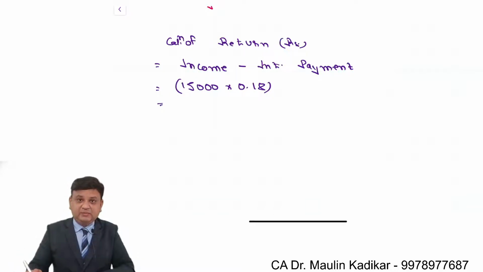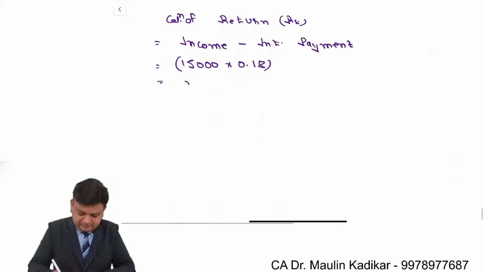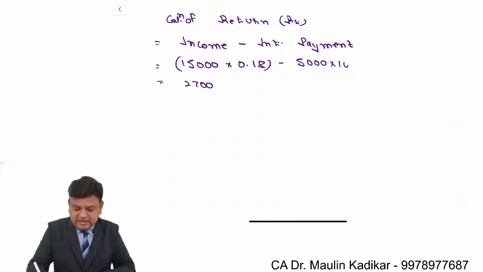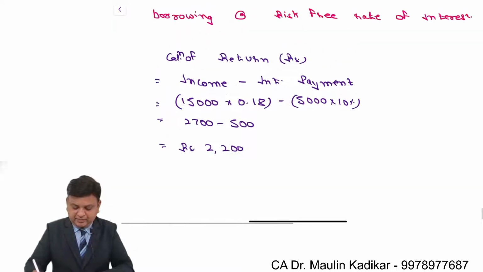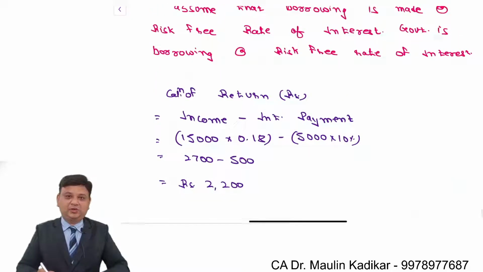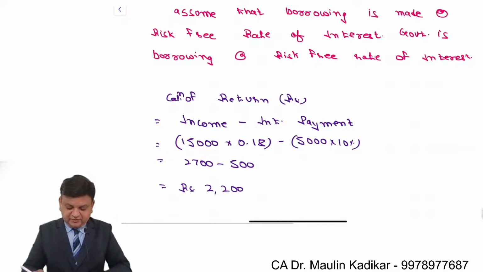That comes to 2,700, minus borrowing of 5,000 at the rate of 10 percent, that is 500, and ultimately it comes to 2,200. This is the answer of the first part of the question.